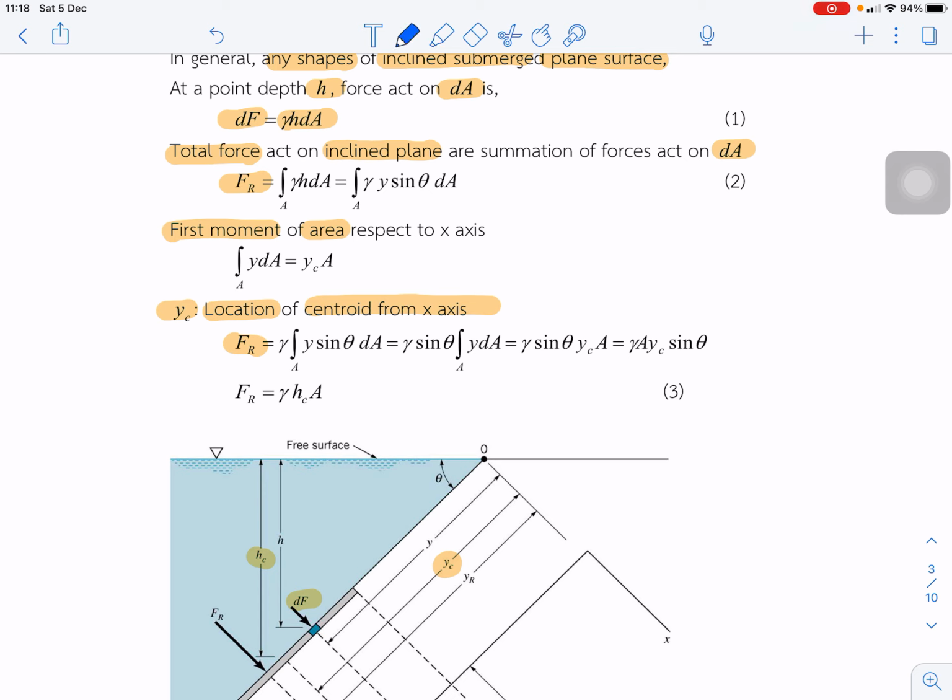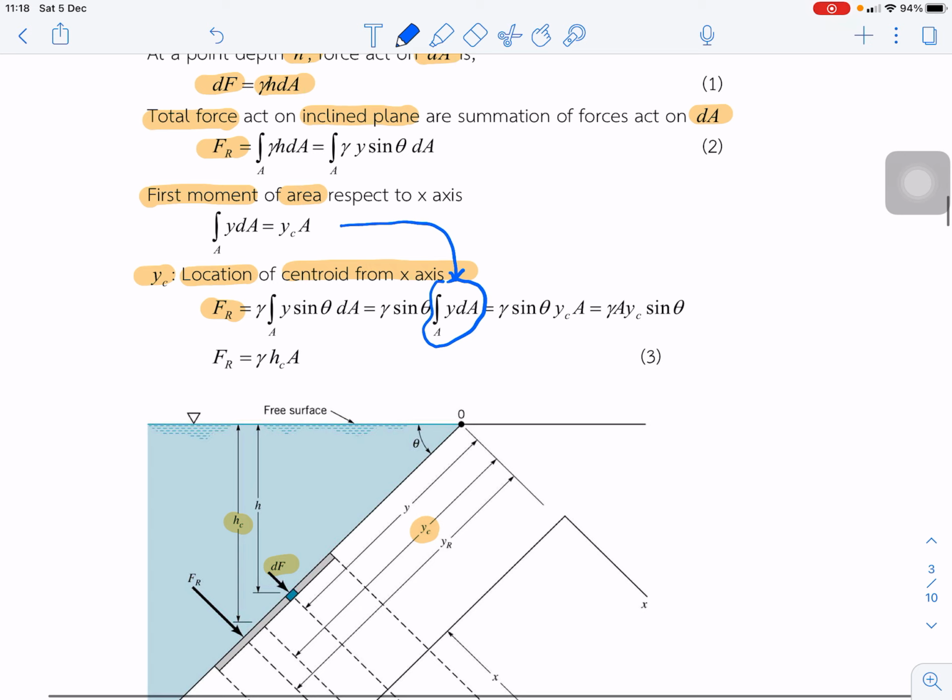If we substitute into the above equation, we get gamma sine theta YC times A, and HC is equal to YC sine theta based on the figure below.